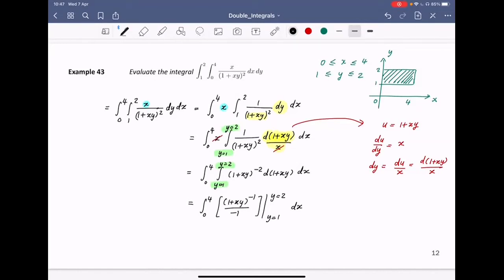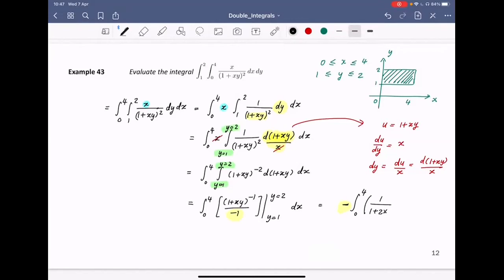It is double integration. And then here I'm going to pull the negative sign outside. The negative sign here comes from the negative 1 on the denominator. I pull it out, so I get 0 to 4. And then I am going to replace y equal to 2 there, so I get 1 over 1 plus 2x.